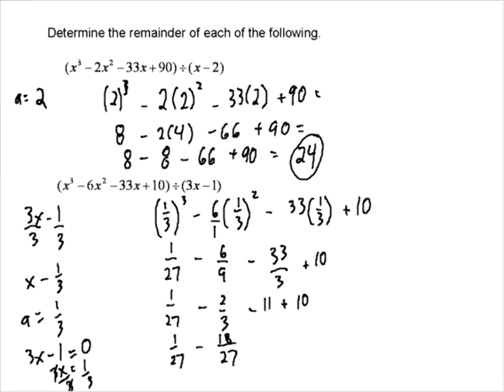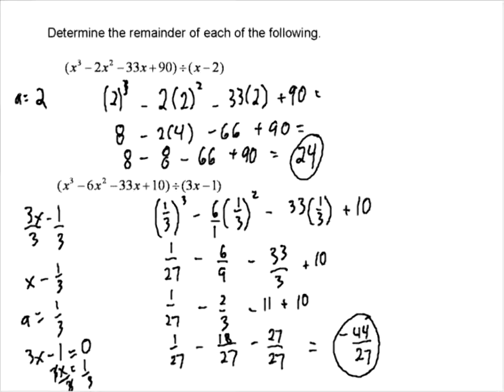And negative 11 plus 10 is -1. So that becomes -27/27. And when we go 1 minus 18 minus 27, we're just going to get -44/27.